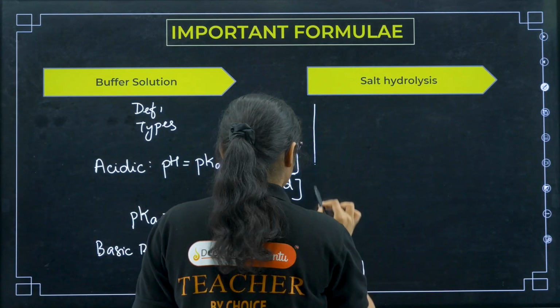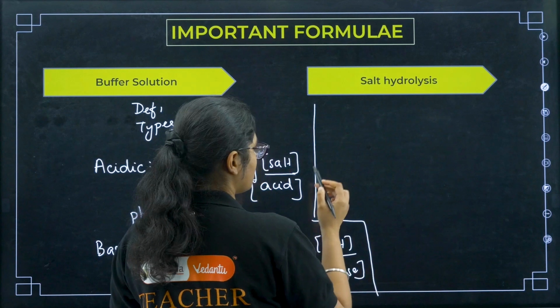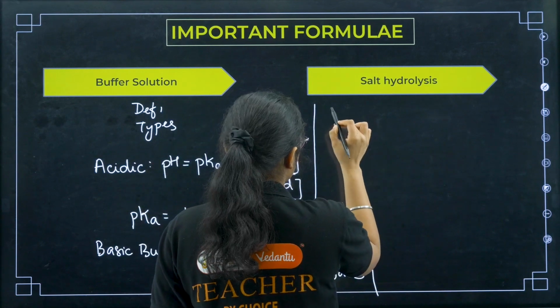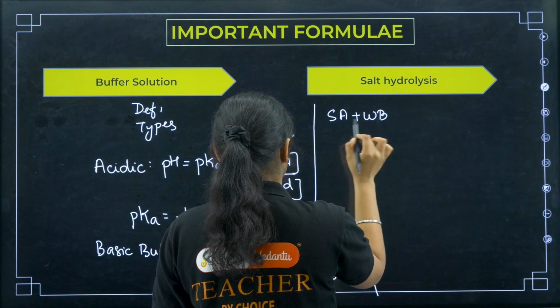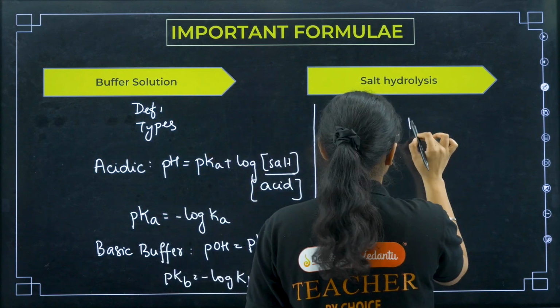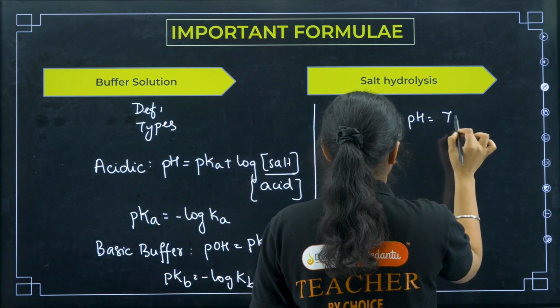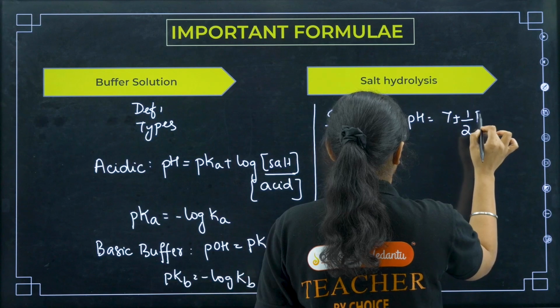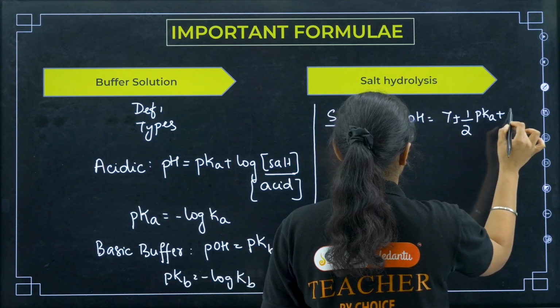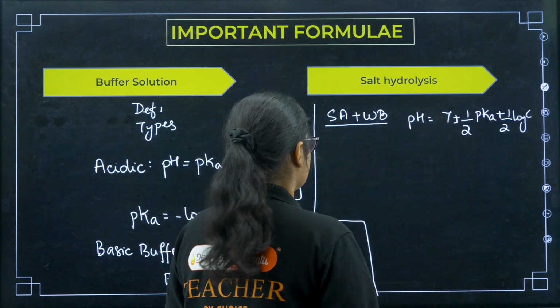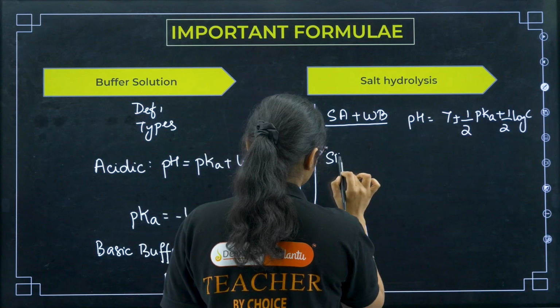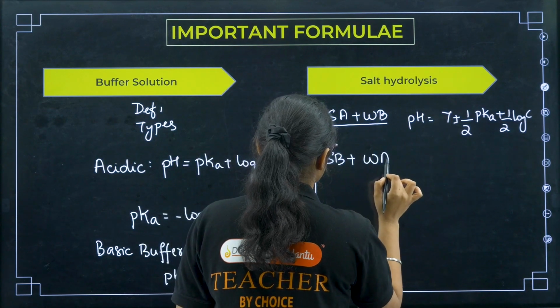Now coming to salt hydrolysis, we have 3 types of salt hydrolysis. The first one is strong acid plus weak base. If this is the salt, then pH = 7 - ½ pKb - ½ log C, okay. Next I will take strong base plus weak acid.